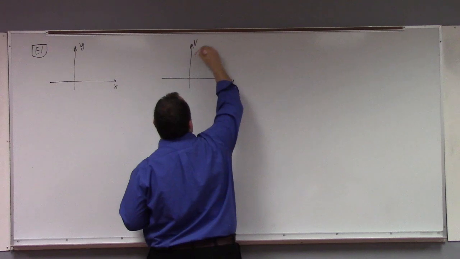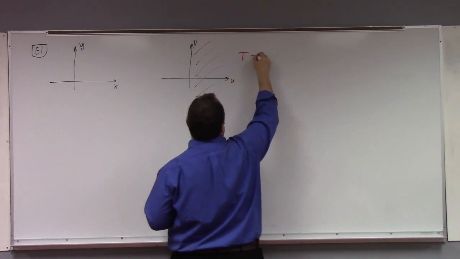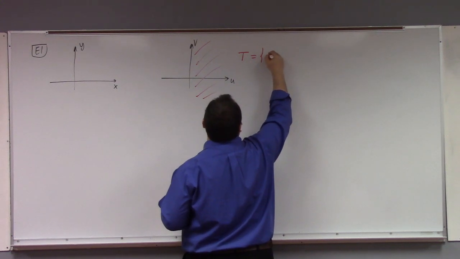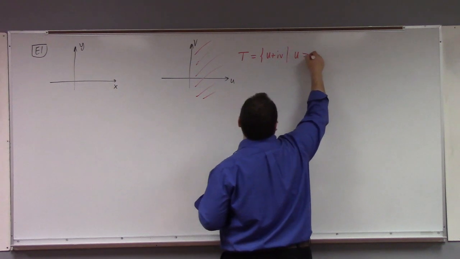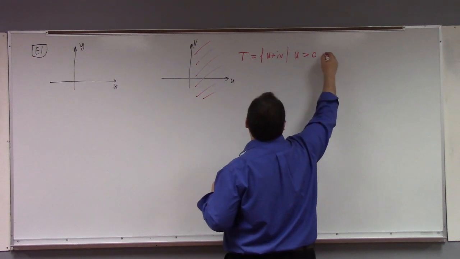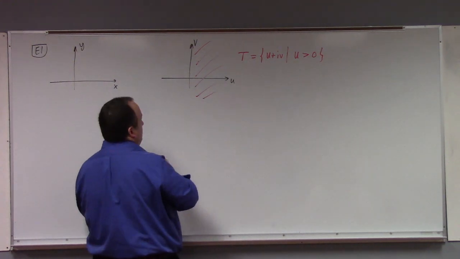So I want to find a solution here. So I'm thinking of my t as being, you know, u plus iv such that u is greater than 0. Okay. So that's the region I'm solving Laplace's equation on.